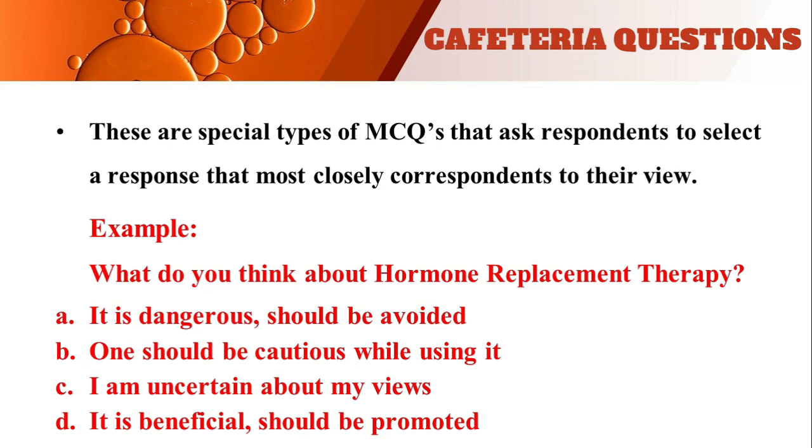For example, whether coronavirus can again infect a client who got treatment: it is dangerous, it should be avoided. They can choose any one from these. So this is a cafeteria question. It is different from MCQ, but the format is MCQ format.